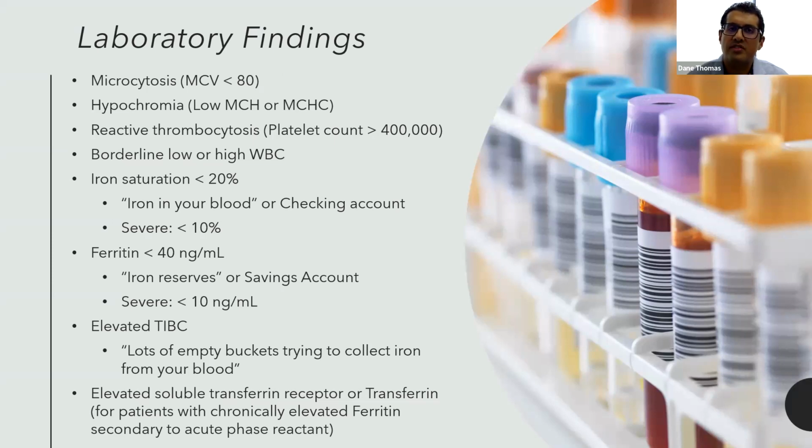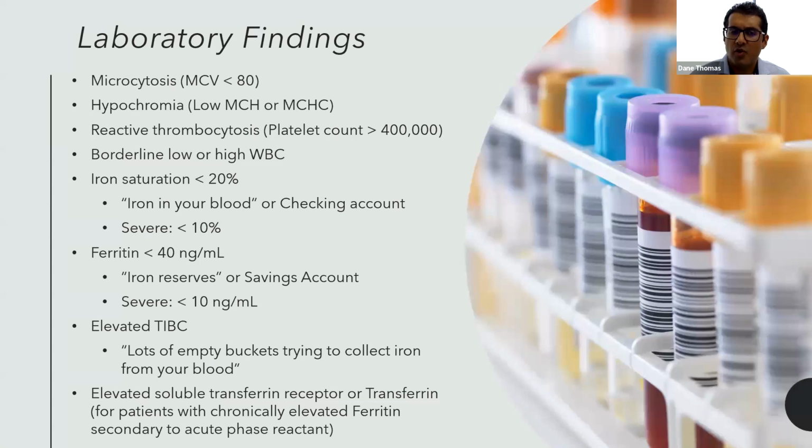But when the body senses that it's iron deficient, that it needs more iron, it's going to make more buckets to collect iron in hopes of correcting its anemia. So TIBC is inversely related to your iron status. So if you have low iron, you have high TIBC, and vice versa.